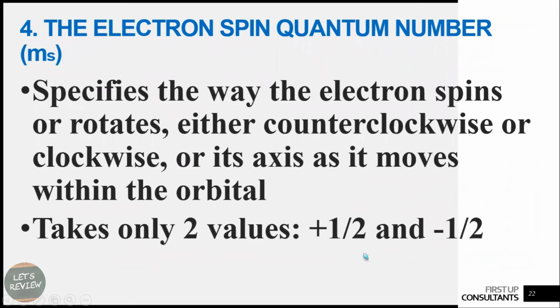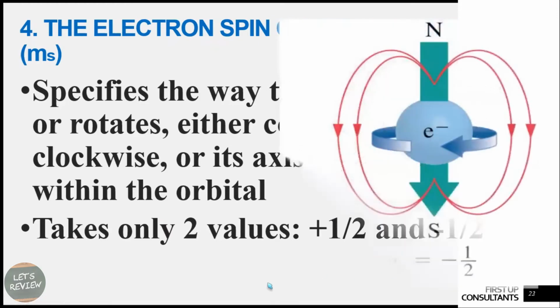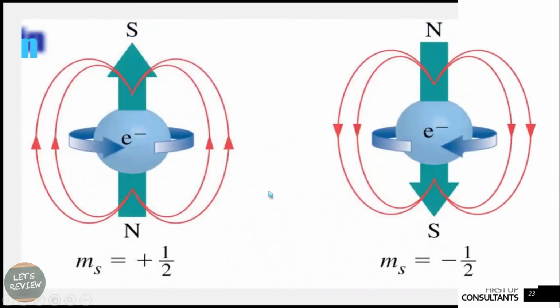It may be a +1/2 or a -1/2. Again, the value of the MS will be only for these 2, +1/2 and -1/2. Like this one, this shows that this spin is +1/2 counterclockwise. And then for this, -1/2 for clockwise.